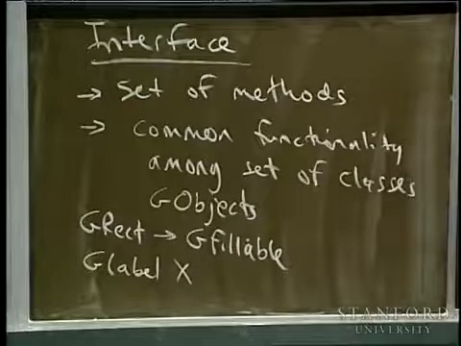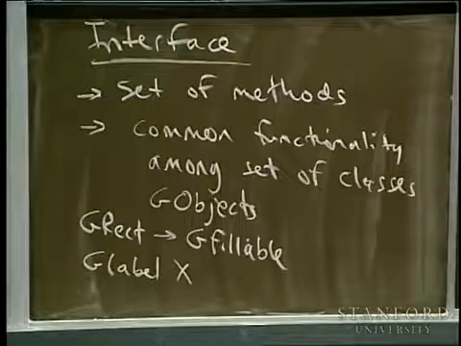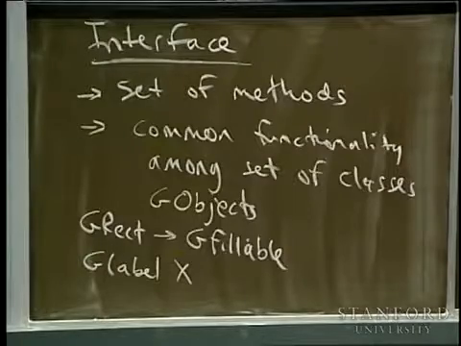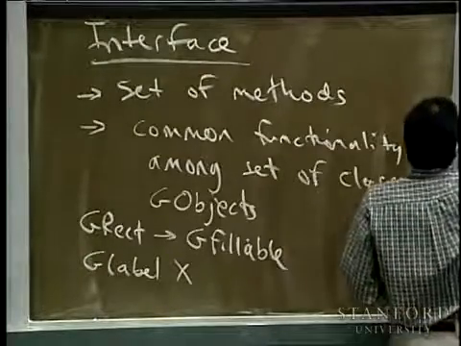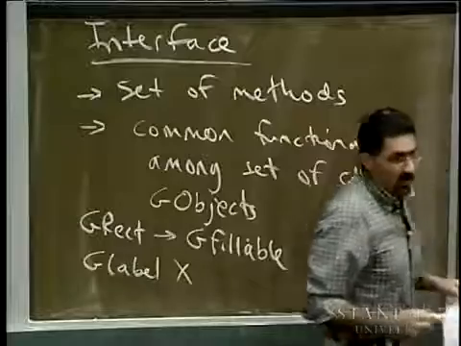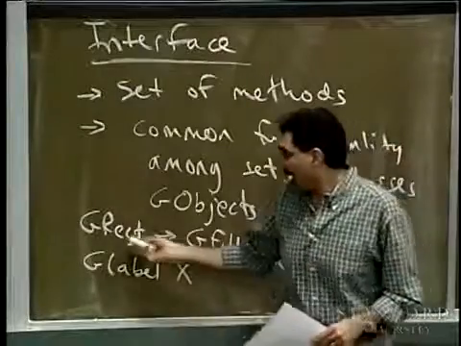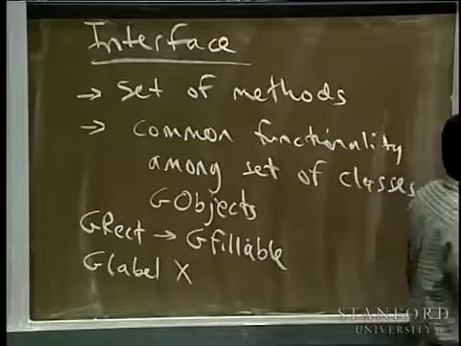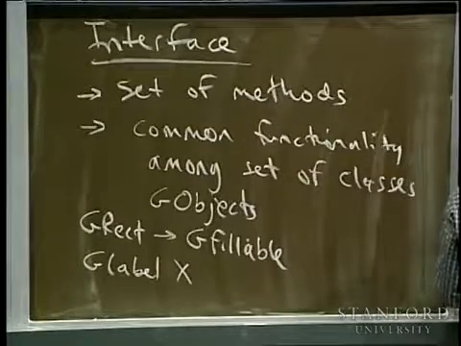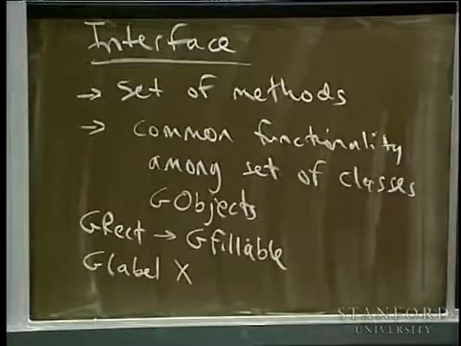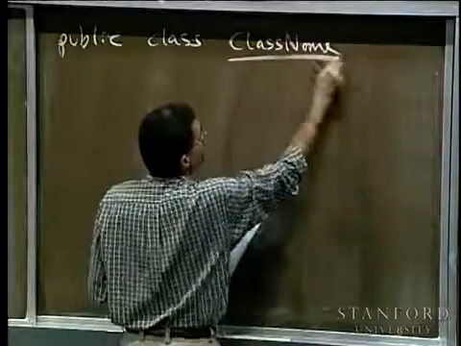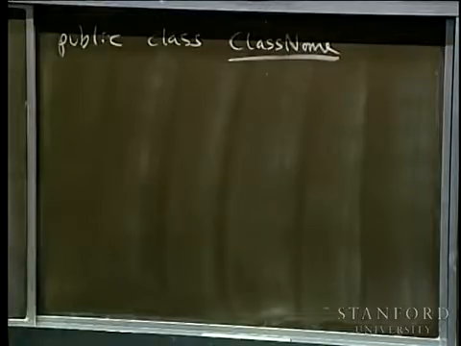But the more general thing to take away from interfaces is in terms of thinking about how they're actually implemented for their syntax. Sometimes what you'll see in the actual code when a particular class implements the methods that are considered part of some interface, the way we write that is we say public class, and then we have the class name just like we usually do. So I'll write class name here, and I'll underline it to indicate that this is just a placeholder for the actual name of the class.